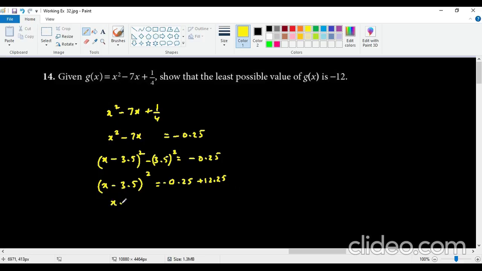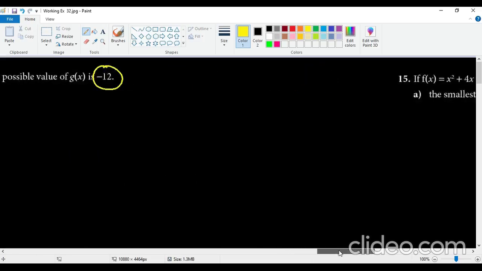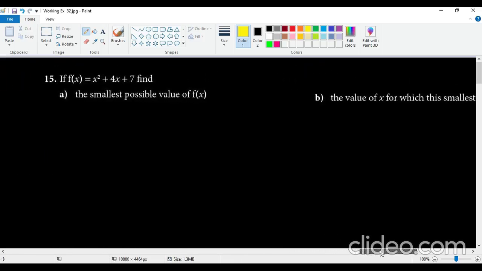In here, I know very well it is going to be equals to 12, and you can see the value is negative 12. So once this 12 goes to the other side, it becomes negative 12. Moving on to the next question. Yes, this question I was talking about.